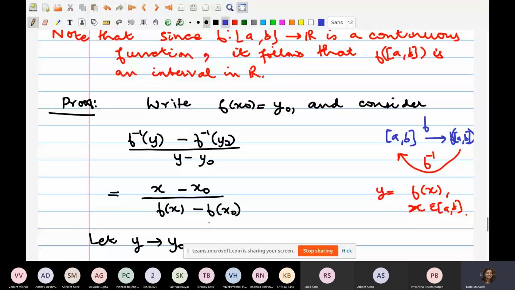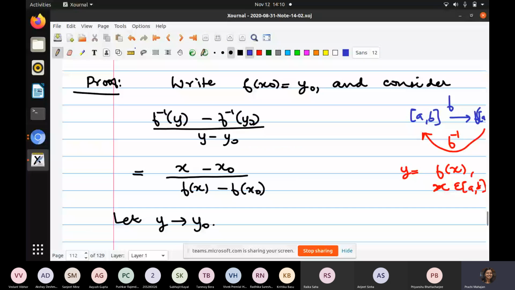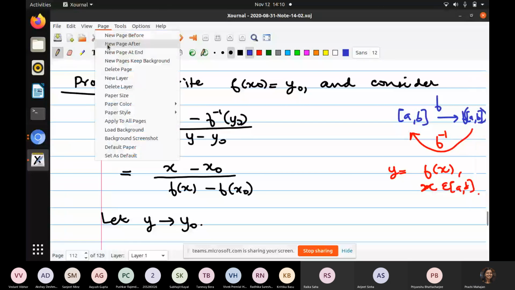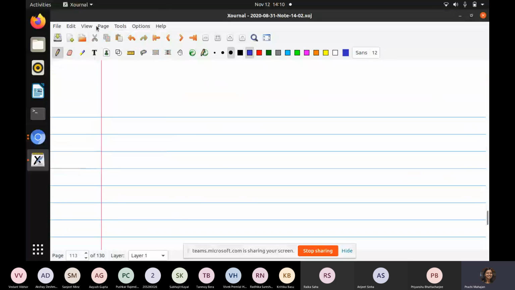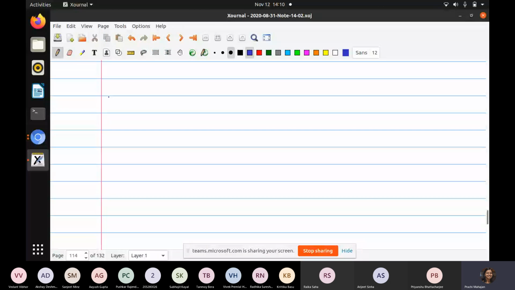So let's write y as f of x. Now we let y go to y naught. What happens to this difference quotient if I allow y to tend to y naught?